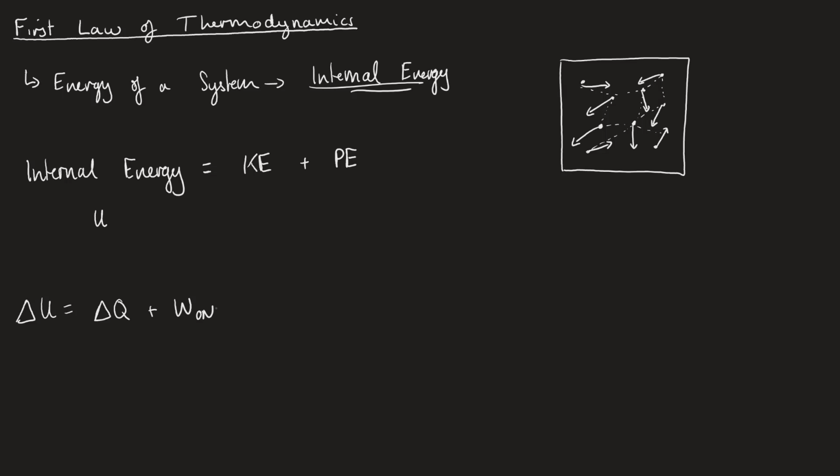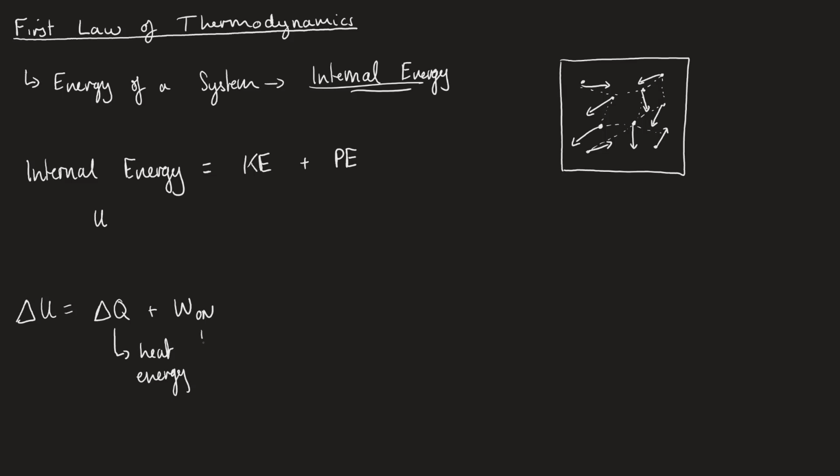Q is the heat energy. So we can heat this thing up or we can cool it down. Doing one of those things will increase the kinetic energy of the particles. More specifically, it will also then increase the potential energies, since you're bringing things closer together because they're moving around much quicker.